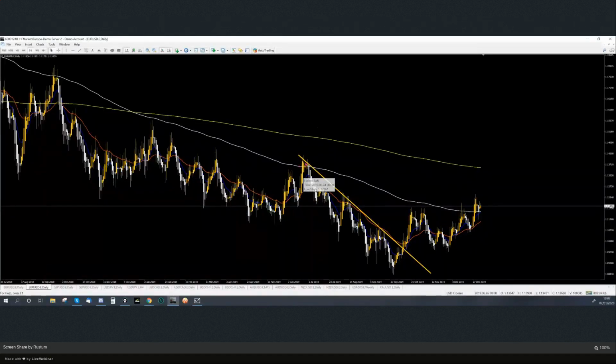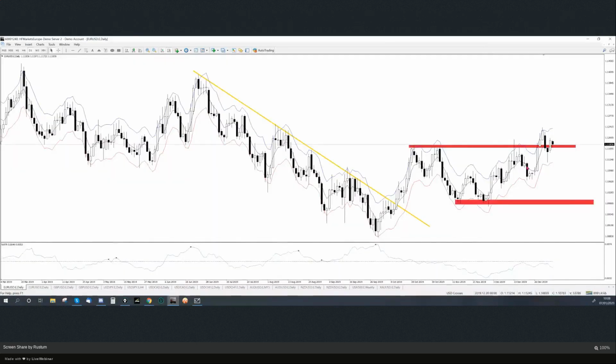So when we see prices respecting a certain EMA, and it's doing that all the time, and there's a trend line there, then we're going to assume that it's going to do the same sort of pattern all the time. Okay, now we can start. Price is king.